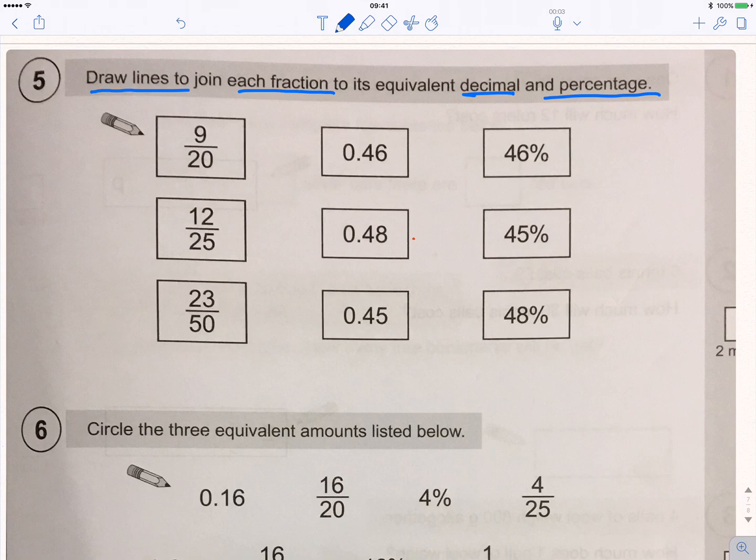If I convert the denominator into 100, then I can clearly see what percentage it is. How do I make 20 to 100? The multiplier is clearly 5, so that becomes 100, and we multiply the top by the same multiplier, becomes 45. So that's clearly 45%. Or, as a decimal, it will be 0.45, so that clearly joins to this one there.